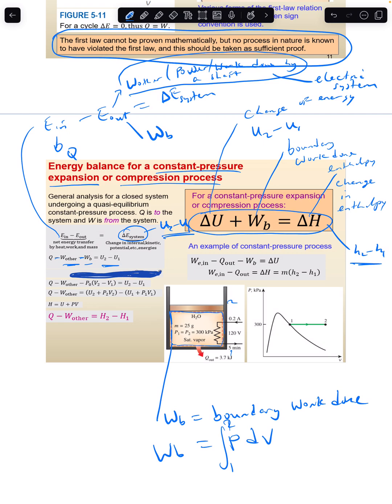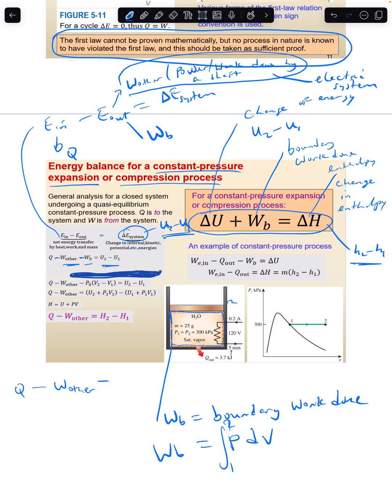And now, if I want to organize this equation by taking work to the other side of the equation, I'll have a scenario whereby I have heat minus work, which will have other work.